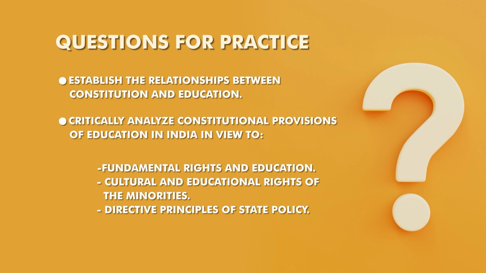What provisions, facilities and special provisions are there to protect the rights of the SCs and STs, and how to bring them into the mainstream of society. And further, under directive principles of state policy, we have also discussed certain articles that talk about educational provisions included in the constitution.